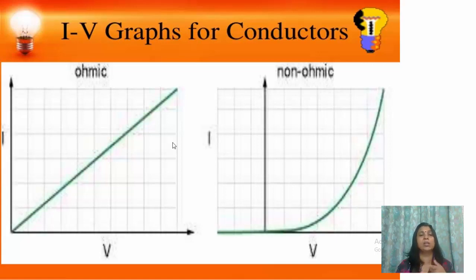Ohmic conductors show a straight line when the graph is drawn between I and V, that is, current flowing through the conductor and potential difference across the conductor. But for non-ohmic conductors, this I-V graph is a curved line.